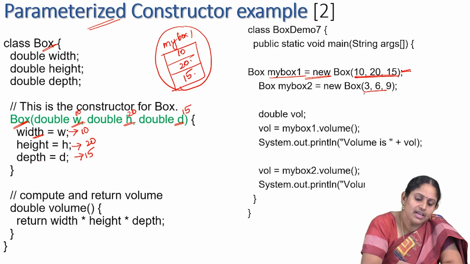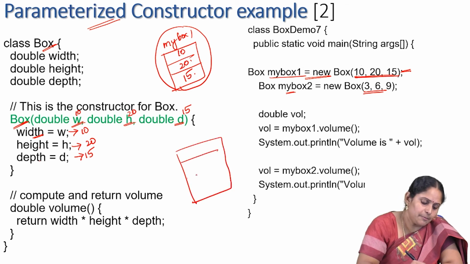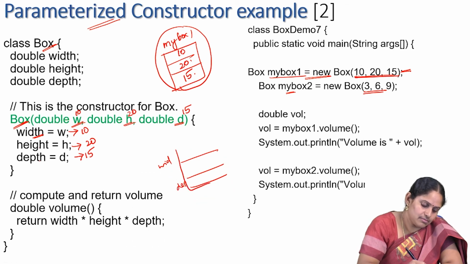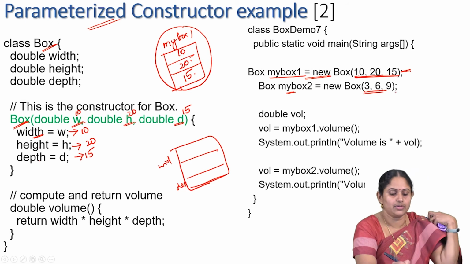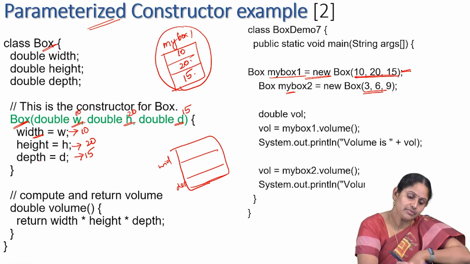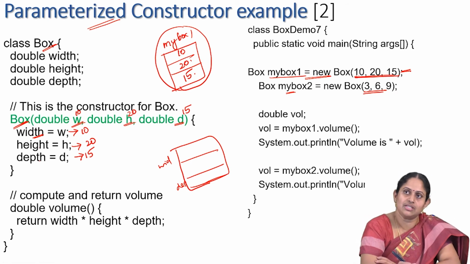In the same way, we are creating another object, mybox2, which will again create spaces for it. So we have width, height and depth. We are passing 3, 6 and 9 to it. So the initializing values are 3, 6 and 9.